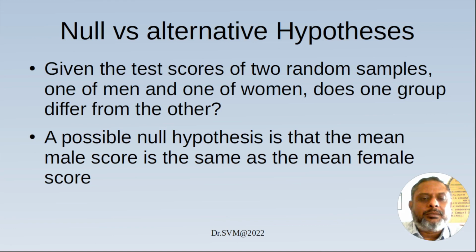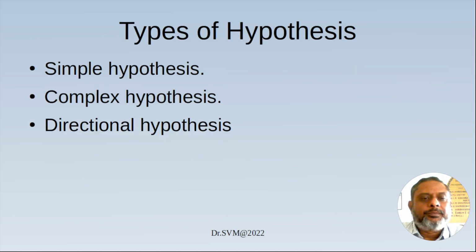So we assume that the mean of the male and female scores are equal. And the alternative hypothesis may be in many ways: unequal, or male mean is greater than female mean, or female mean is greater than male mean. So depending on the problem we are solving.